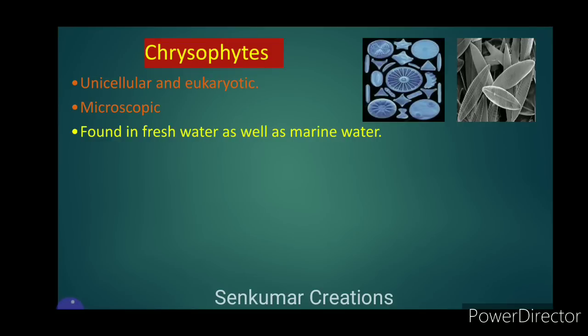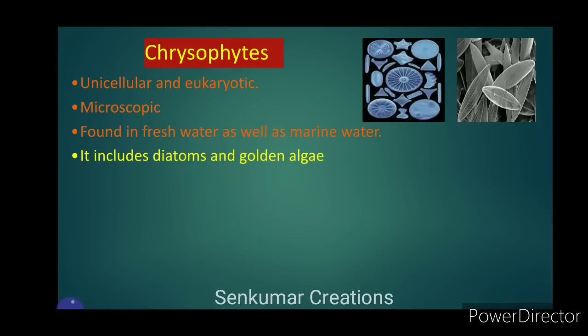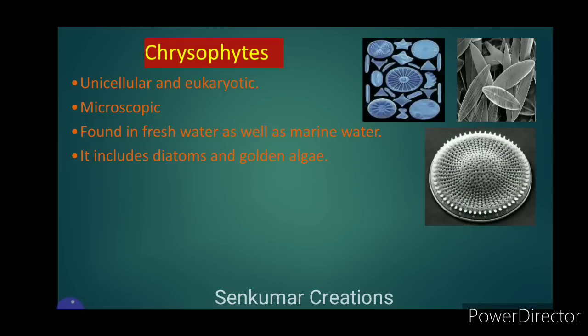They are found in freshwater as well as marine water, the ocean, and they include diatoms and golden algae. These are the two groups. They lack any locomotory organ. I have told you about locomotory organs in the previous slides, such as cilia or flagellum, a hair-like appearance for locomotion, moving from place to place.